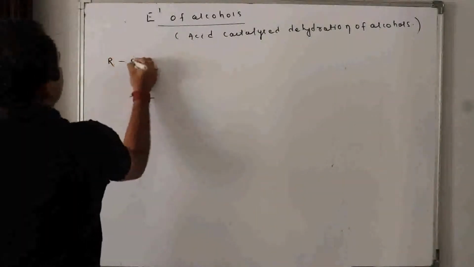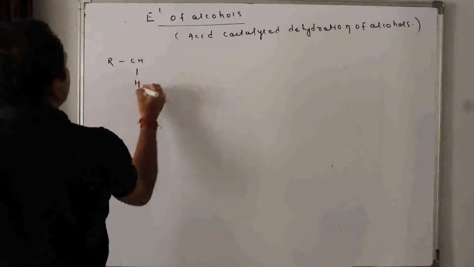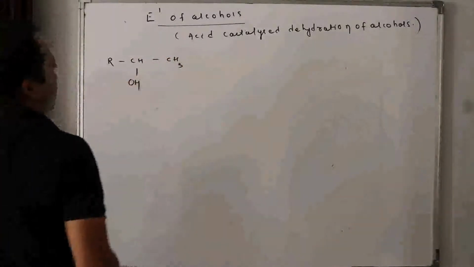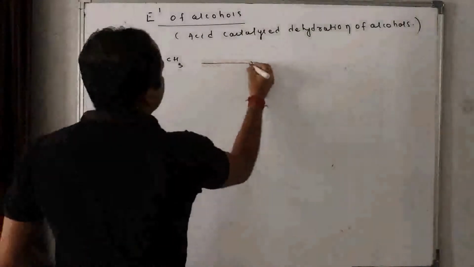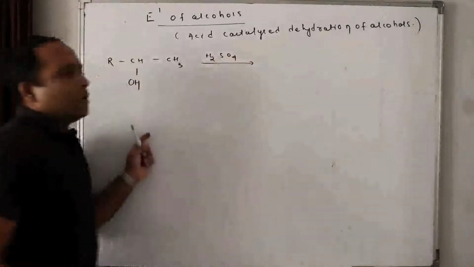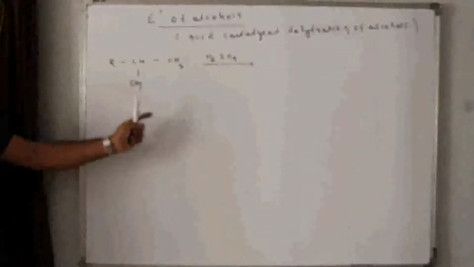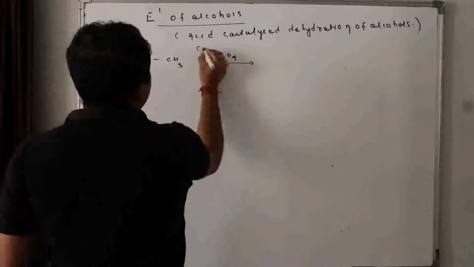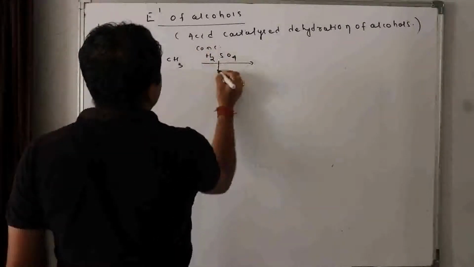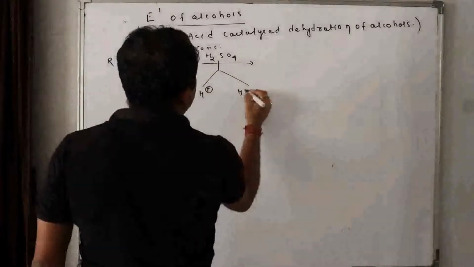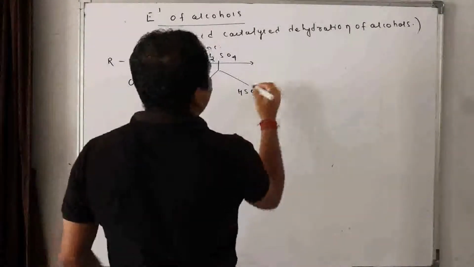If I consider a reaction RCH(OH)CH3, to this, if I attack with H2SO4. Now, we all know that H2SO4 is a good acid. It can break into H plus and HSO4 minus.